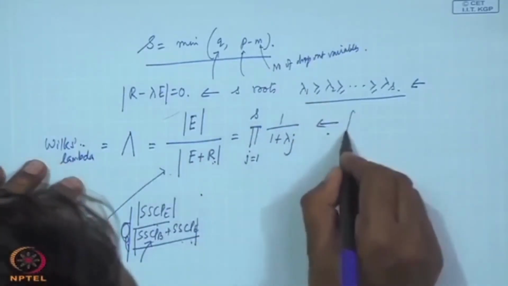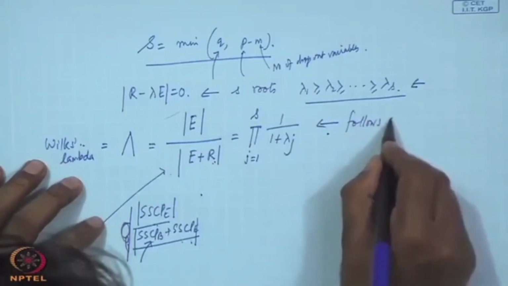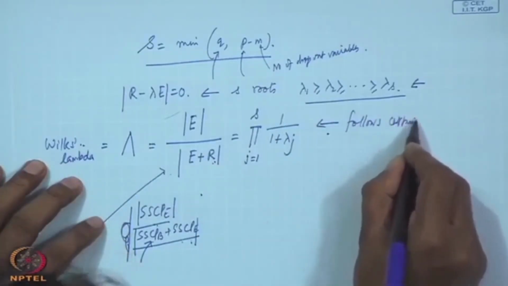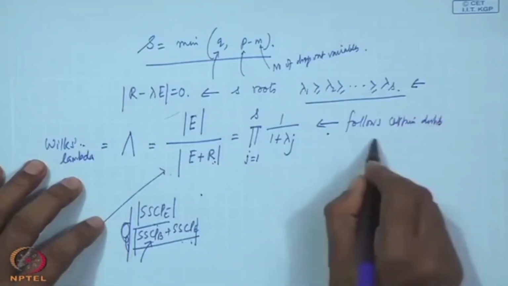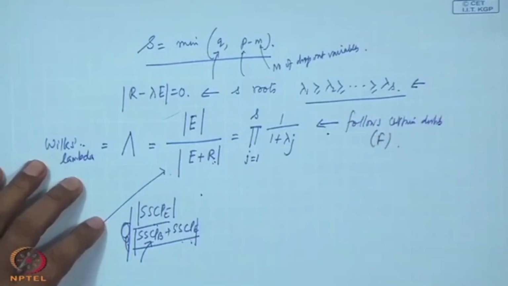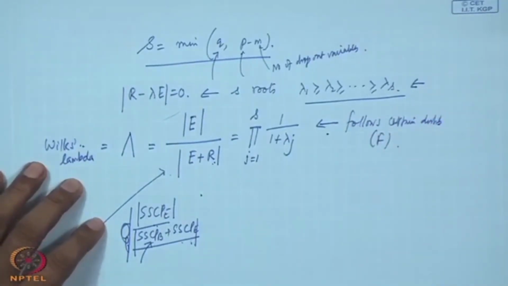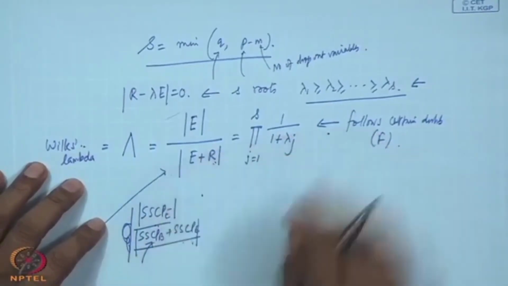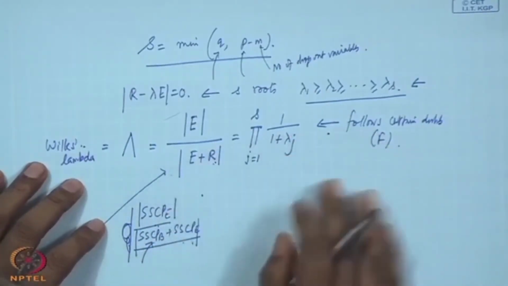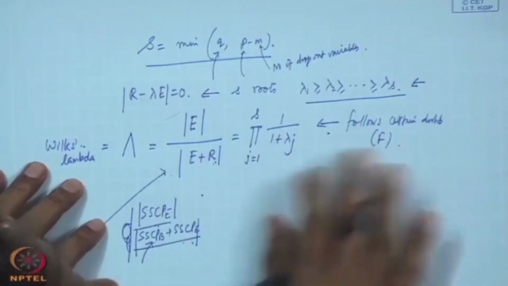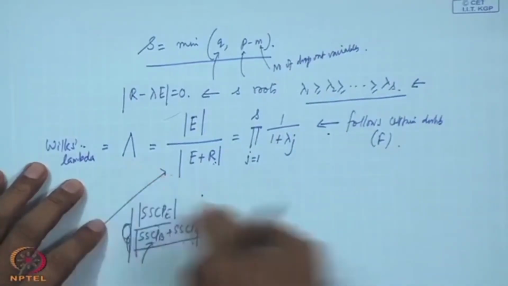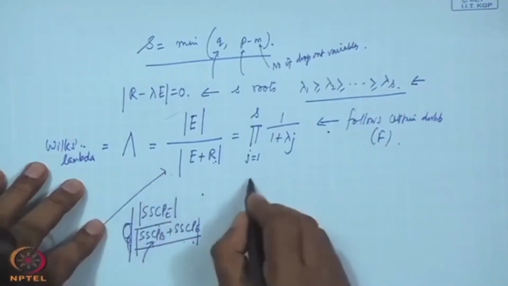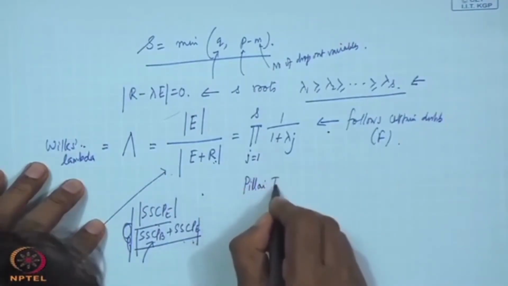This definitely follows a certain distribution, and in all cases F distributions are approximated. Here some other distribution like chi-square we have seen: Bartlett has given the chi-square distribution, and Rao has given the F distribution for this Wilks lambda. Apart from this, there is another statistic known as Pillai trace.